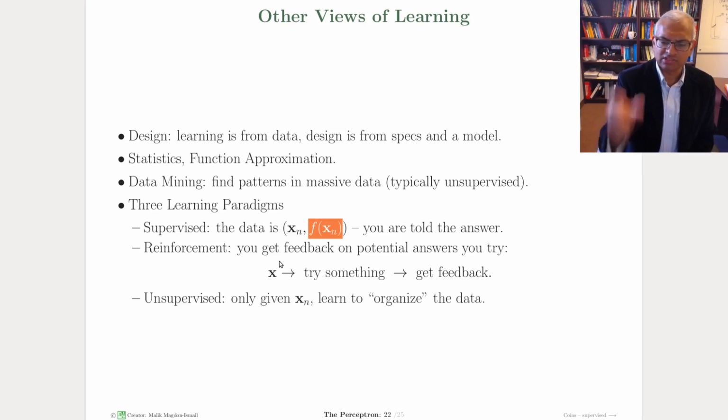Eventually, you'll learn that if there's a cup that's placed on the table and it's got liquid in it and it has the shape of a coffee cup, I'm not going to touch it. And you learn the correct decision, which is don't touch. But you didn't learn it because someone told you don't touch. You learned it because you tried and repeatedly got burned, and so you then inferred that maybe it's better not to touch.